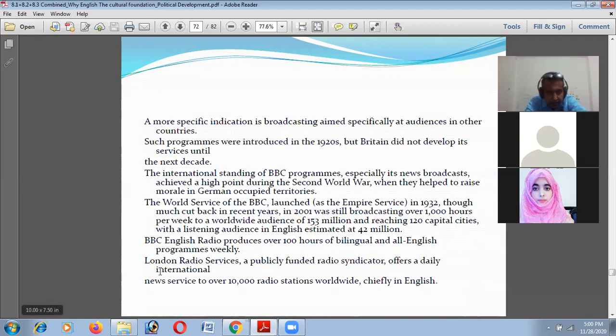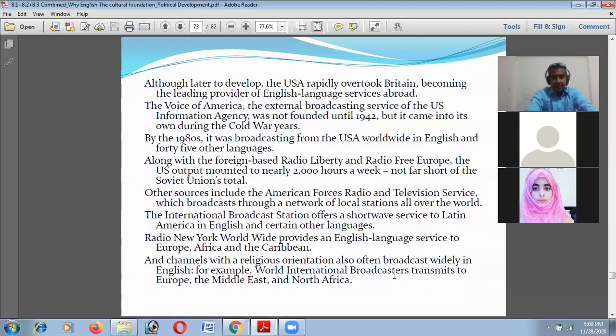And the data says the news service covers 10,000 radio stations worldwide, chiefly in the English language. So this is the scenario. The Voice of America, the external broadcasting service of the USA Information Agency, was not founded until 1942, but it came into its own during the Cold War years.